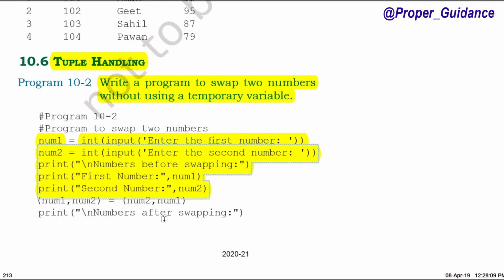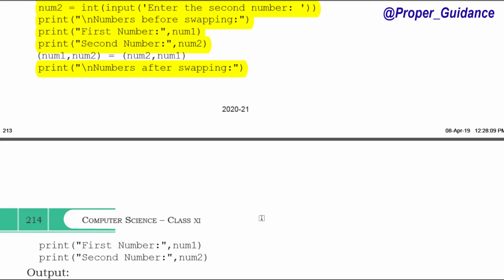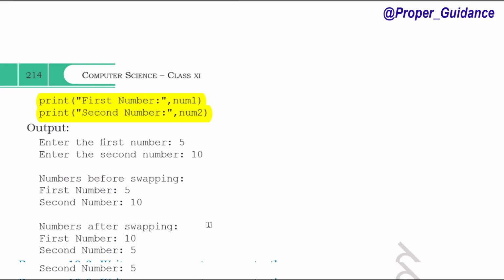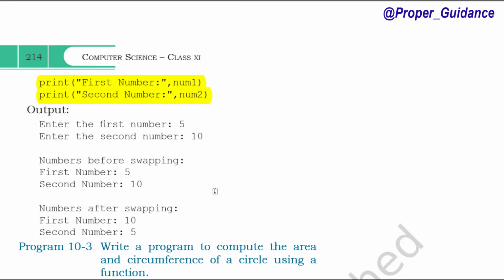So num2 is assigned to the variable num1 and num1 is assigned to the variable num2. After that, we are printing numbers after swapping, print first number num1 and print second number num2, and we will get the result as this output. You can do this on your computer.